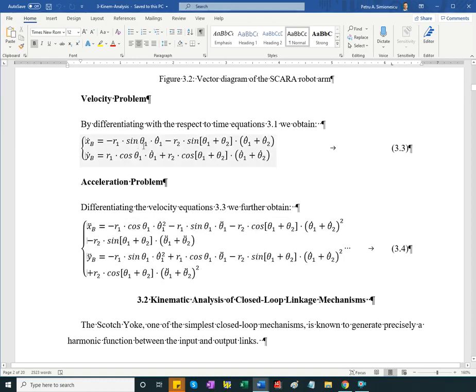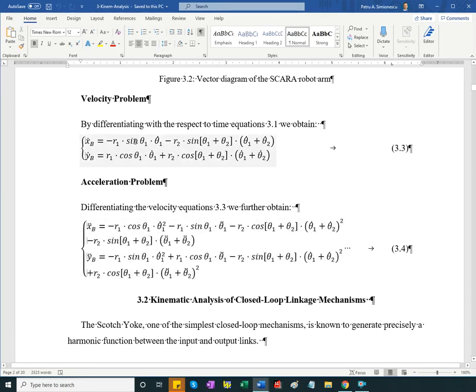For acceleration, we take the time derivative of the velocity equations. Alright, so sine becomes cosine, and then of course this is the chain rule. We have theta 1 dot, which is a function of time, and sine of theta 1, which is a function of theta 1, which is also a function of time.